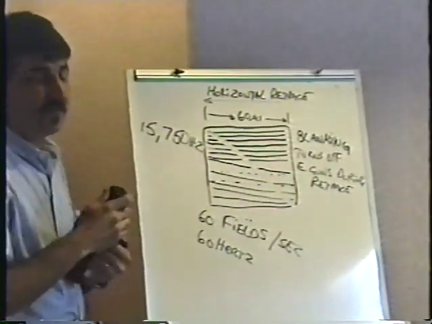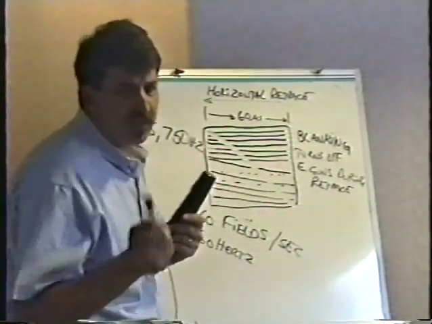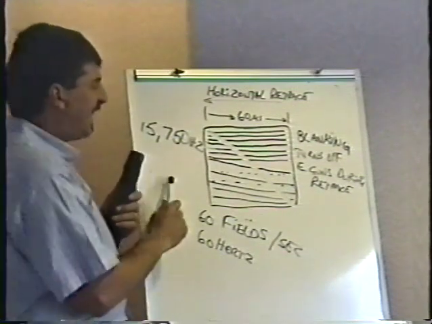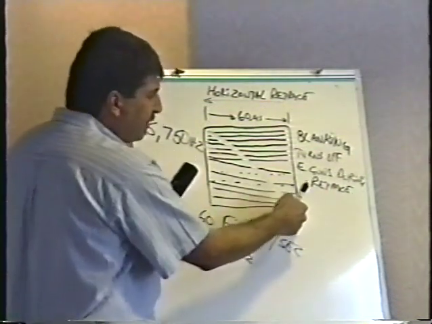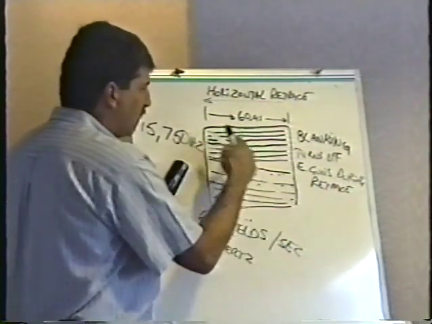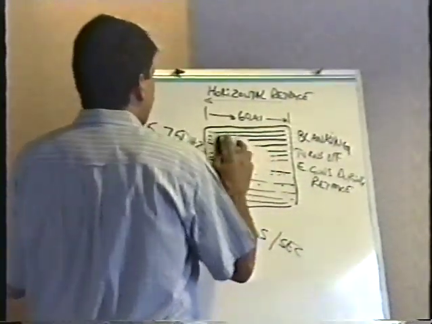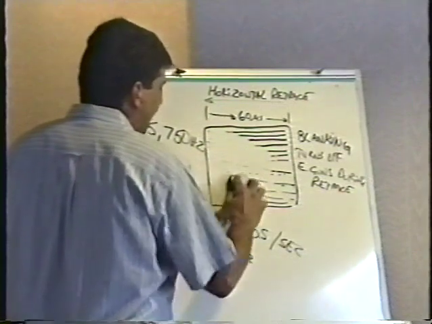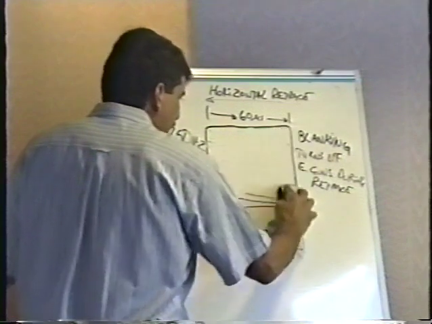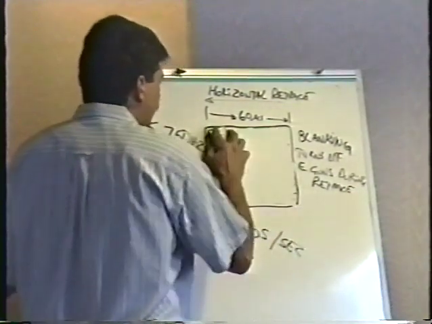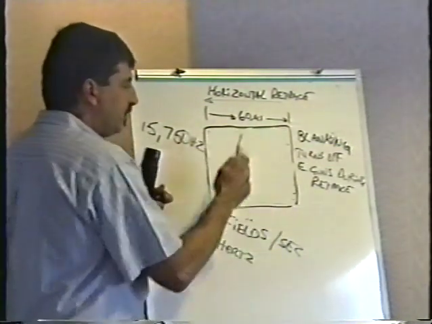Well, because the horizontal frequency is working so much faster than the vertical frequency, when I said that the beam is at the lower right-hand corner, it moves to the upper left, I really lied to you. It really doesn't do that. Because the horizontal is working so much faster than the vertical, the horizontal circuit actually goes back and forth about a dozen times before the beam gets from the bottom to the top.